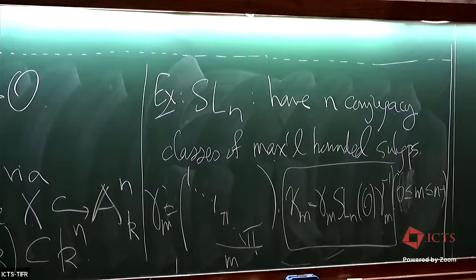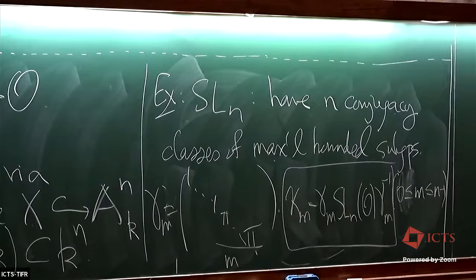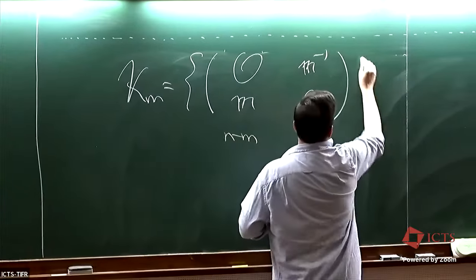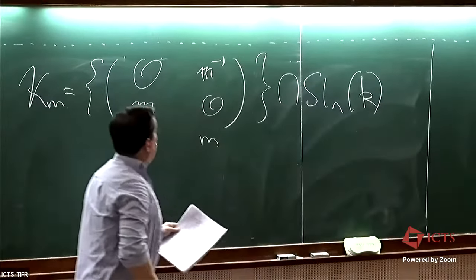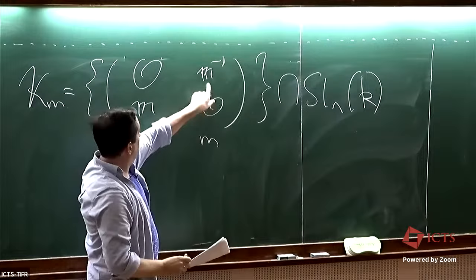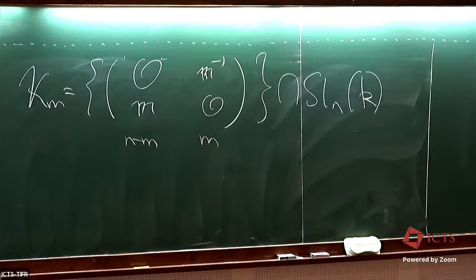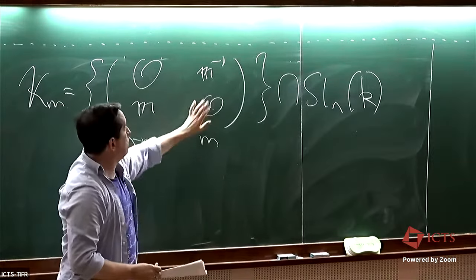Let me just describe it to you in terms of matrix entries. These are matrices that look roughly like the following, with blocks of sizes m and n minus m. These are matrices in SL_N, where the upper m by n minus m block comes from the inverse of the maximal ideal, the lower block is in the maximal ideal, and the other entries live in the valuation ring.